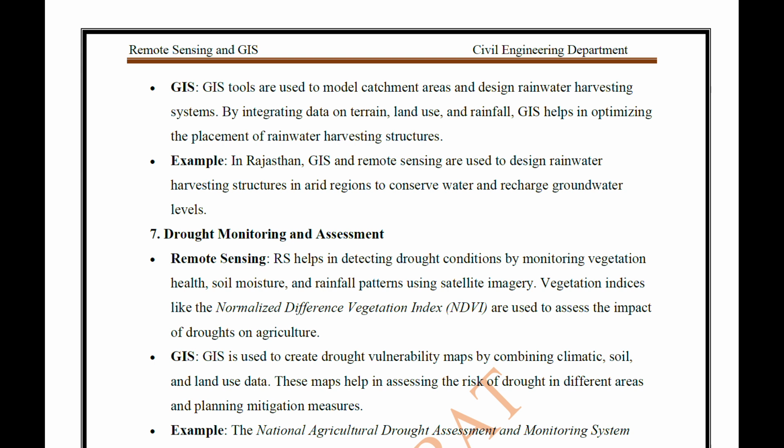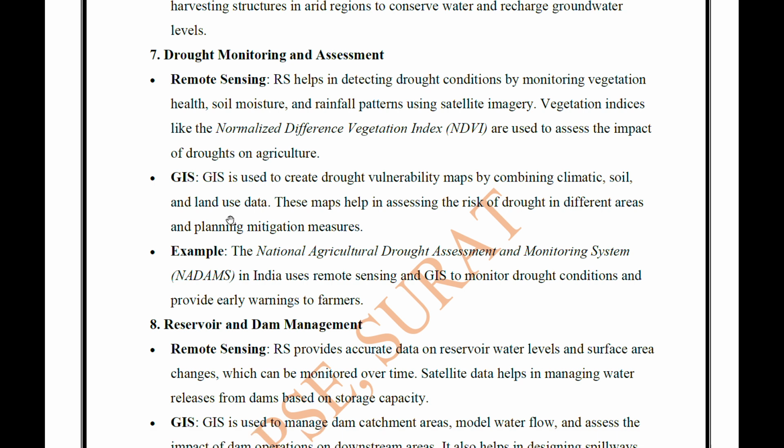GIS helps in optimizing the placement of rainwater harvesting structures. Example: in Rajasthan, GIS and remote sensing are used to design rainwater harvesting structures in arid regions to conserve water and recharge groundwater levels.